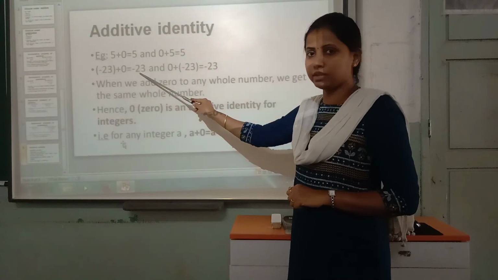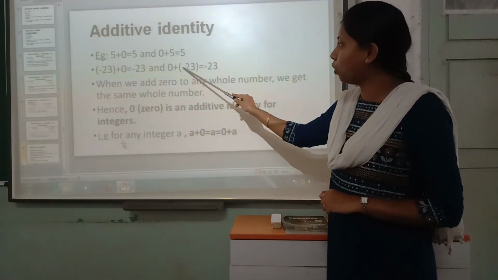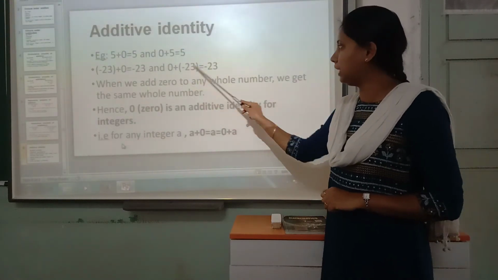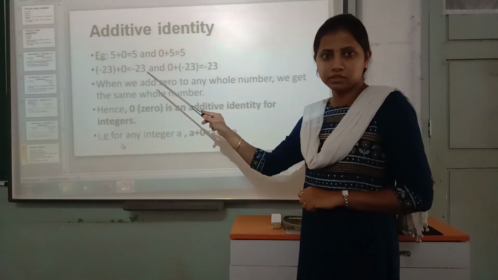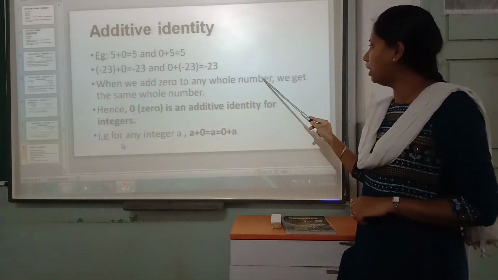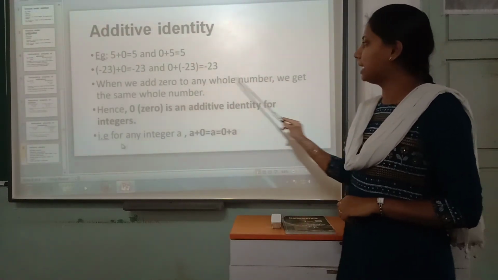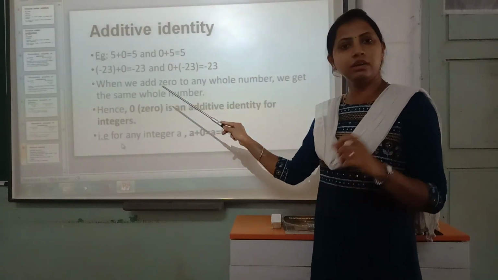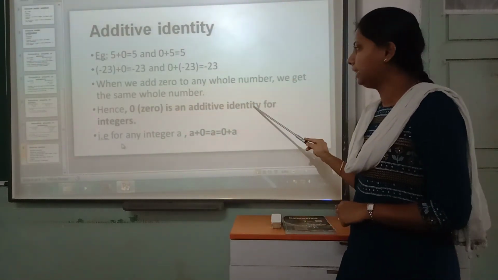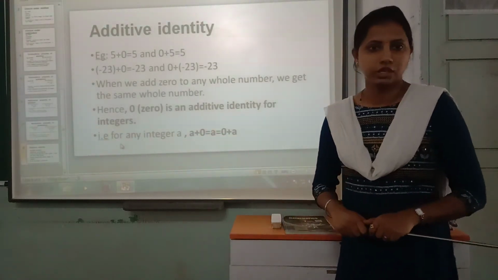Or you can add 0 + (−23), again you get −23, the same integer as the sum. So when we add 0 to any whole number or integer, we get the same whole number or integer. Hence 0 is the additive identity for integers.